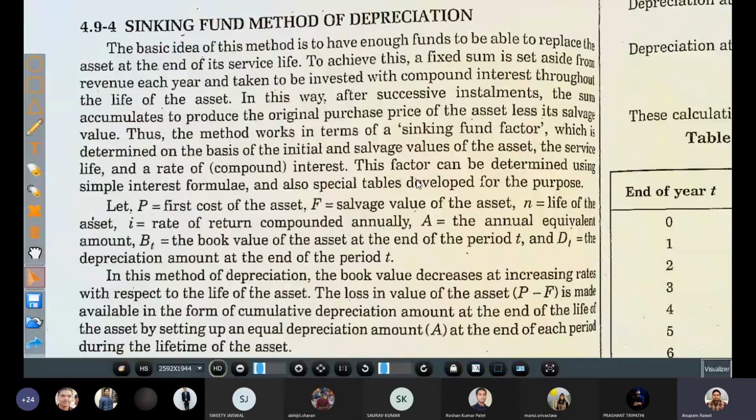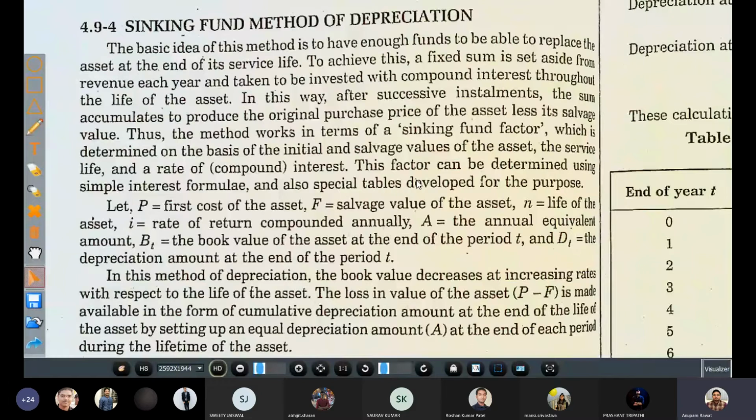To achieve this, a fixed sum is set aside from revenue each year and invested with imputed interest throughout the life of the asset. In this way, after successive installments, the sum accumulates to produce the original purchase price of the asset.